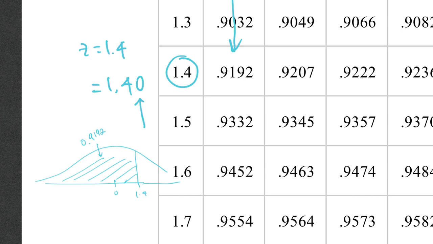If we're looking for the area on the right-hand side of 1.4, we just simply take 1 minus 0.9192, which is 0.0808. Thus, there are 8.08% of the students who score over 82.